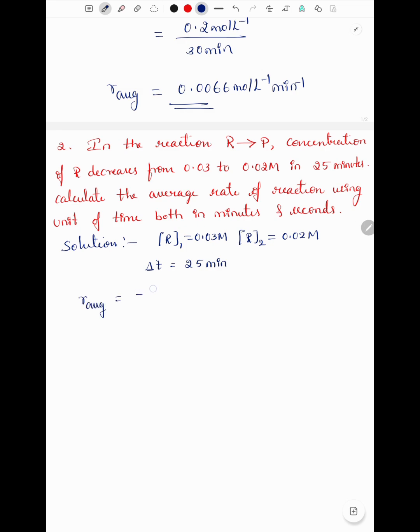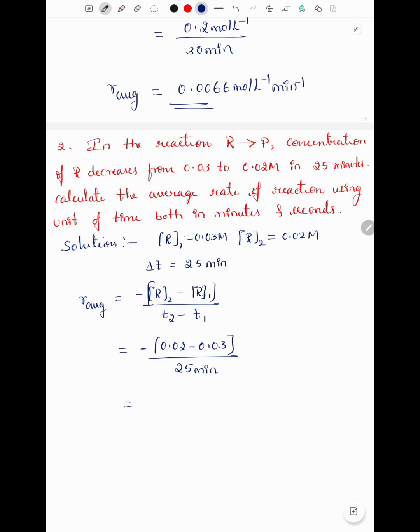Average rate equals minus of R2 minus R1 divided by T2 minus T1. On substituting the values here, R2 is 0.02, minus of 0.02 minus 0.03, divided by T2 minus T1, that is delta T. It is directly 25 minutes.